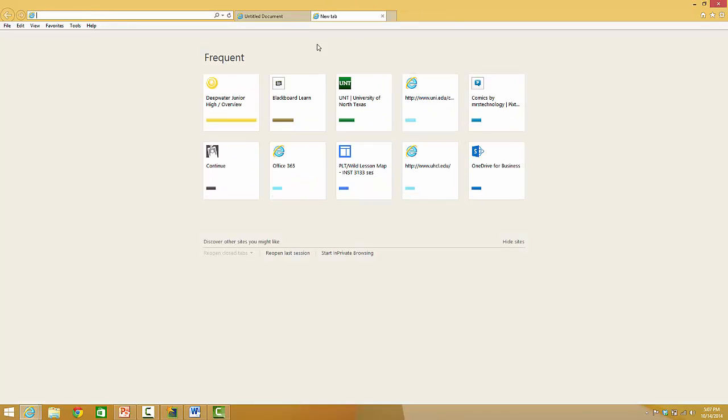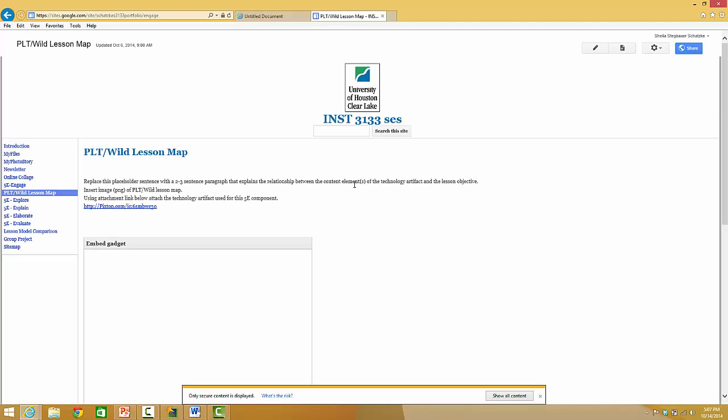I do want to go to the portfolio and point out a couple things. This is my sample one, and this is not complete. I haven't graded all the Pinkston yet, but if your gadget isn't showing up, sometimes you have to click on show all content.